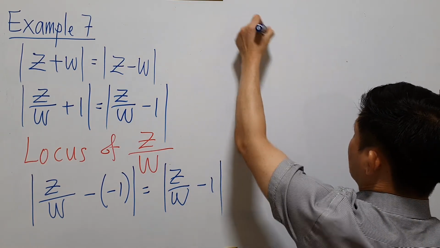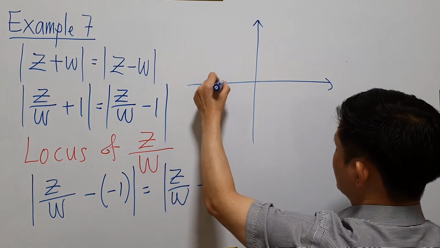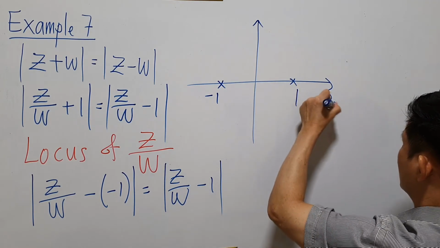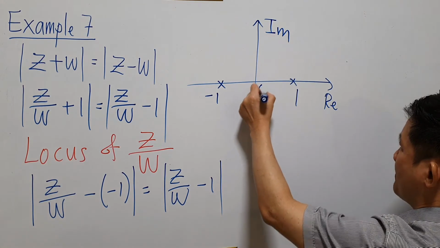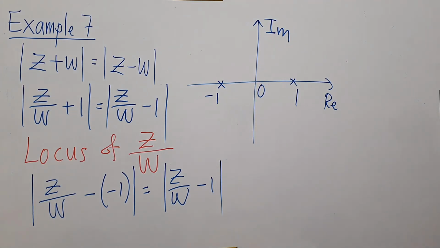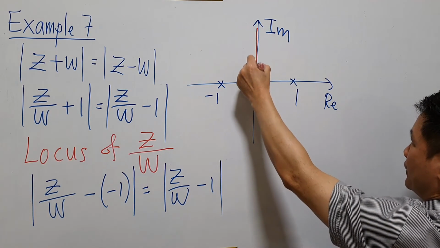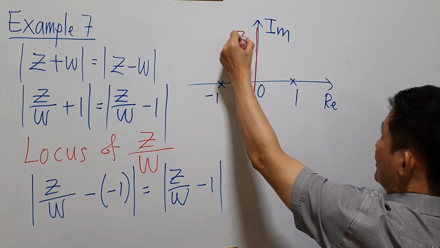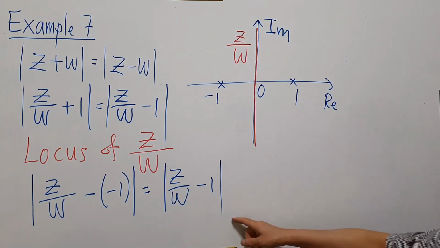And as I just said, this is actually the perpendicular bisector of -1 and 1. Tell me, where do you think is the perpendicular bisector of the 2 points -1 and 1? Obviously, it is going to be here on the vertical axis.